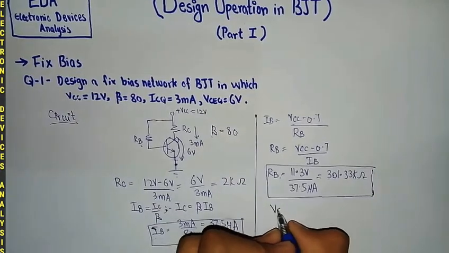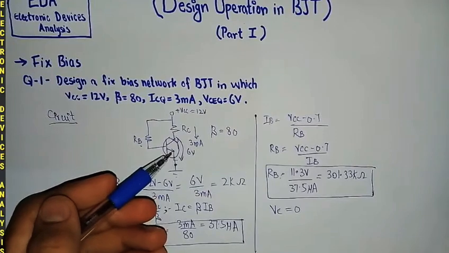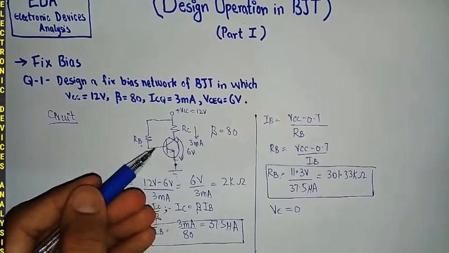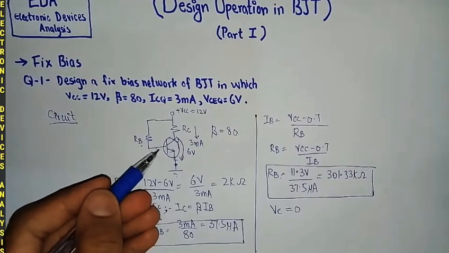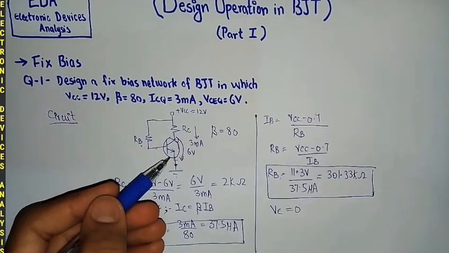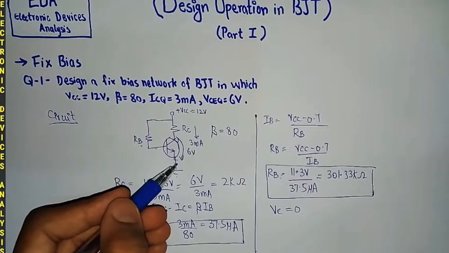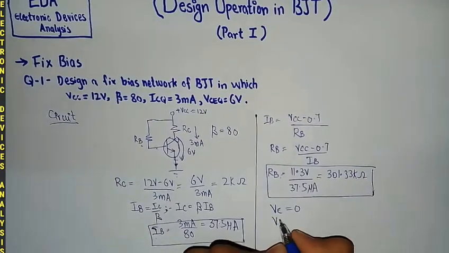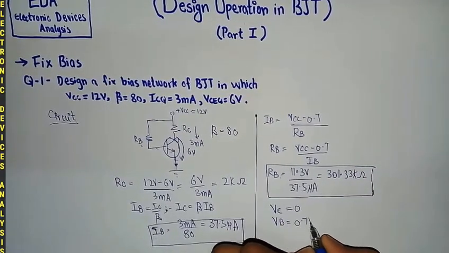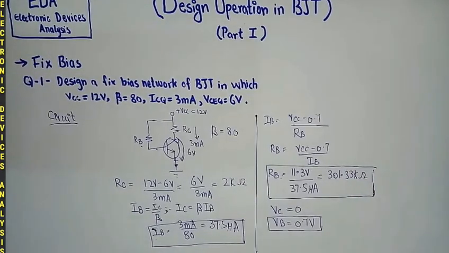Therefore VE equals 0. As this is an NPN transistor, if we move from the emitter to the base we add 0.7 volts, and in the other direction we subtract 0.7 volts. So VE is 0 volts, and moving to the base, VB equals 0.7 volts. So the base voltage is calculated from there.